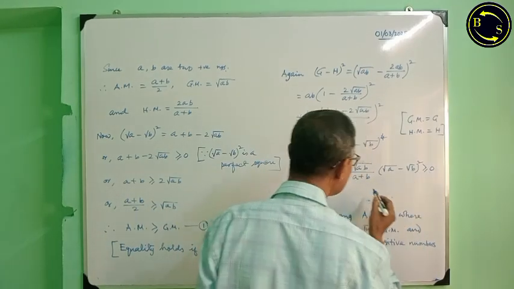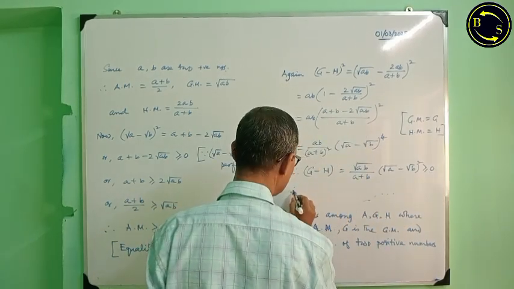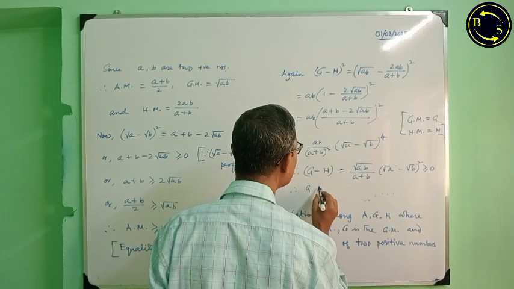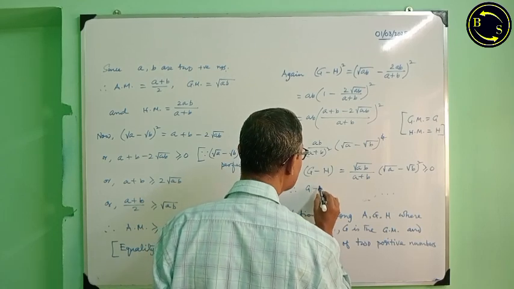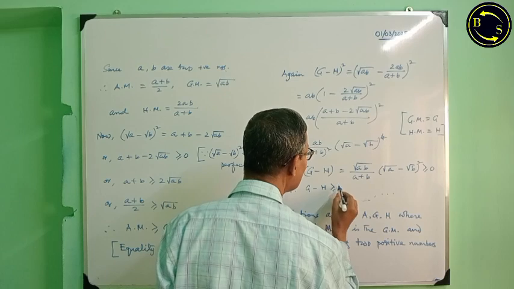Therefore this is greater than or equal to 0. Therefore G minus H is greater than or equal to 0.